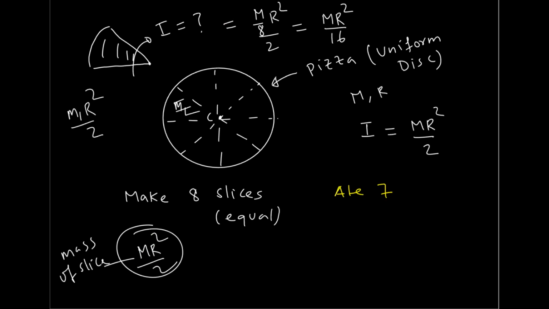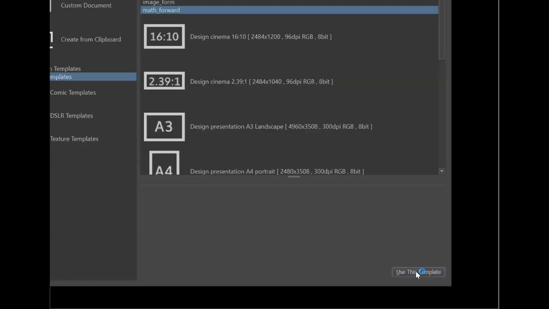Then let us do one more. This also, without integration, you will be able to answer very quickly. Suppose this is a solid cylinder. So maybe I'll fill it up.